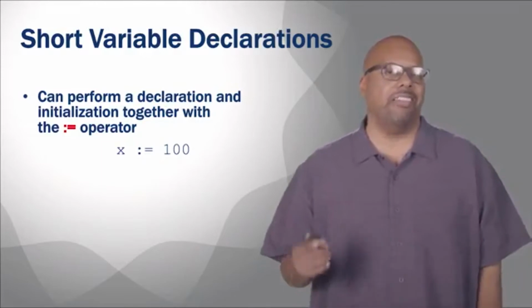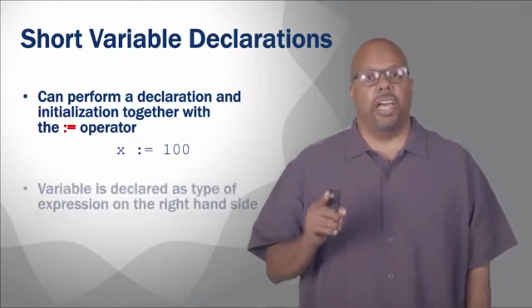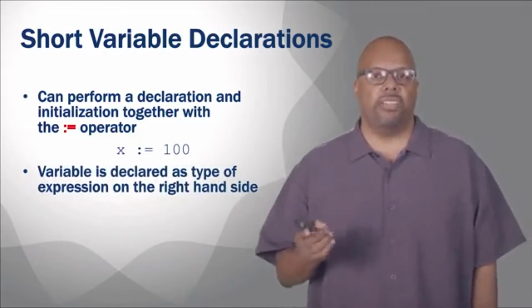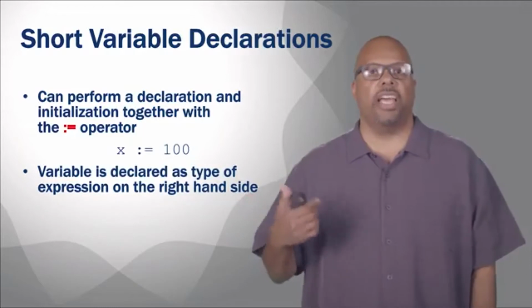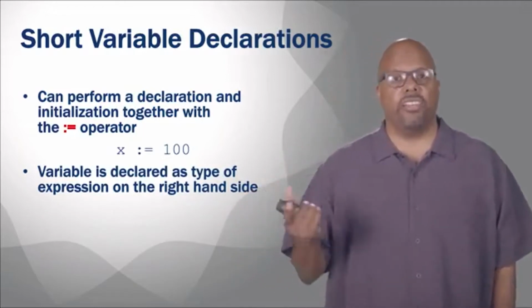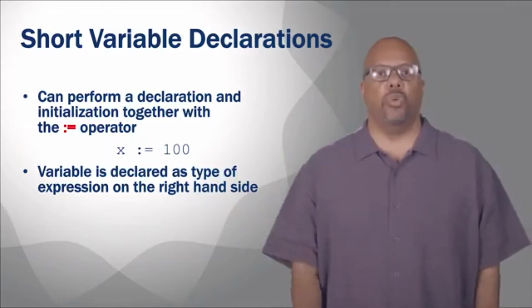So this statement actually declares x and initializes it. When you use that colon equals, the type it sets is whatever's on the right-hand side, so 100 in this case. It looks at 100, says, oh, that's an int, and it infers x to be an integer. And then it assigns it the value 100.